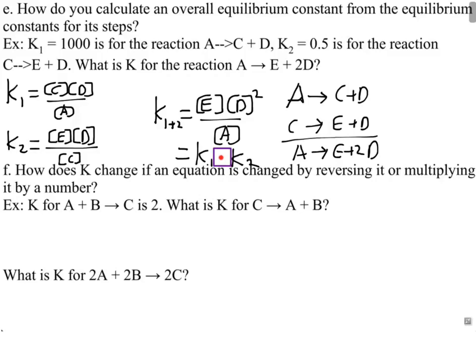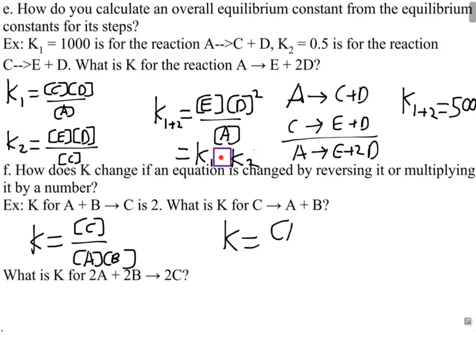Okay, so if we have to reverse an equation, for example, A plus B forms C, if K is 2, I would define K for C forms A plus B. If we are reversing the equation, then we are making the products reactants and making the reactants the products.